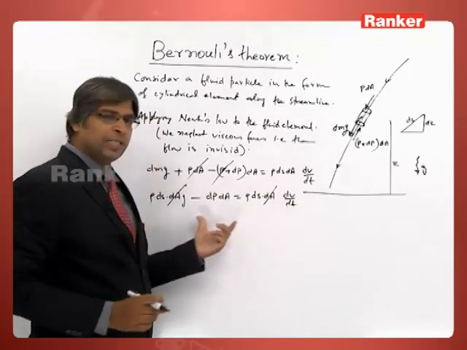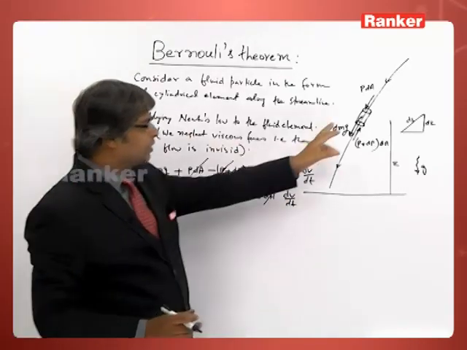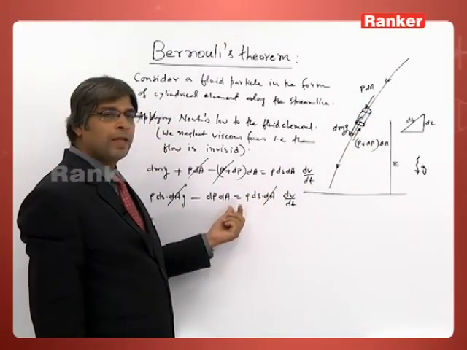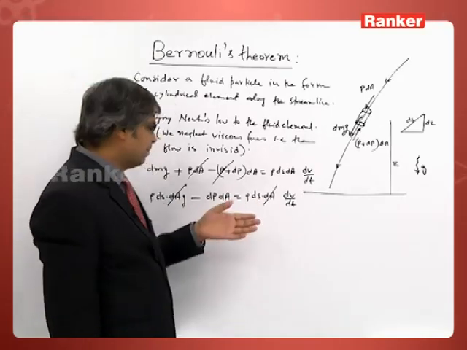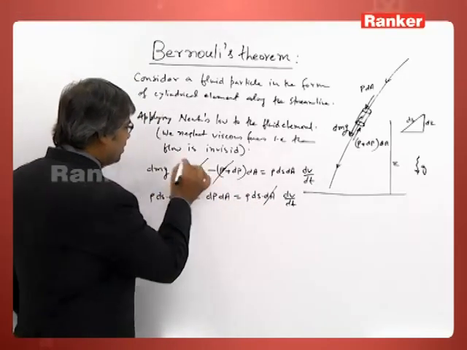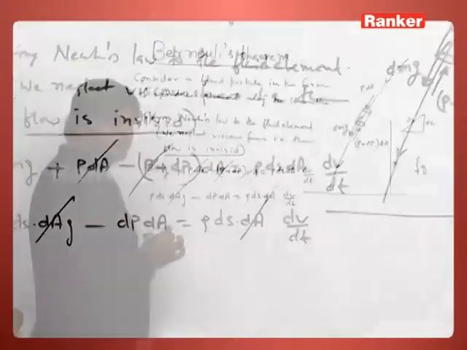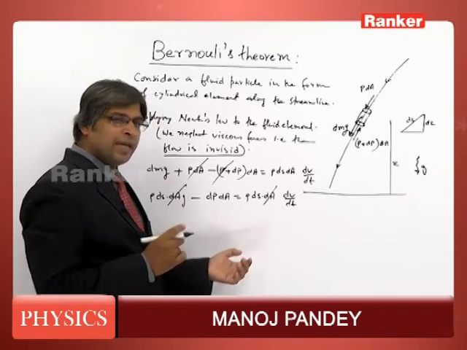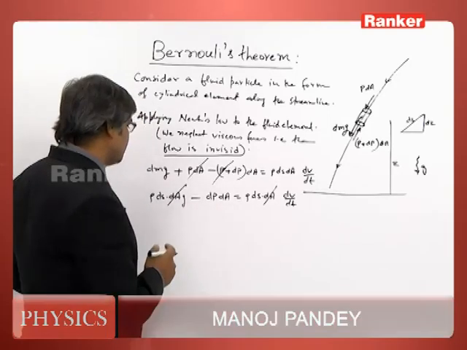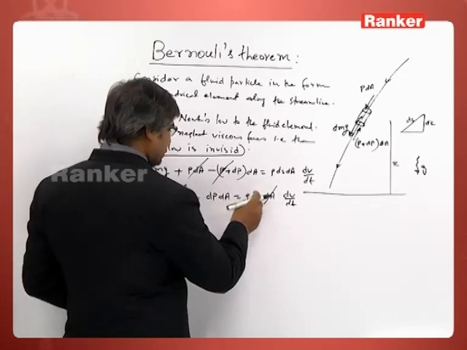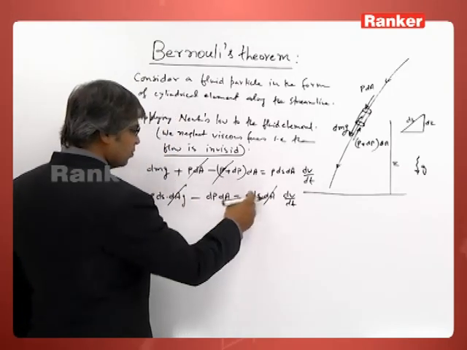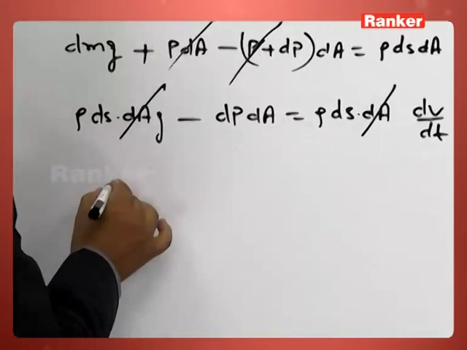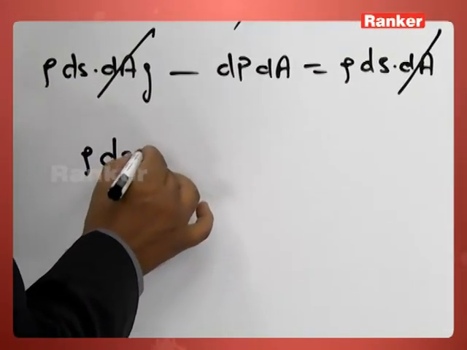Now when we want to include the friction force, we have to include it here, and the equations will change. So the present assumption is that the flow is inviscid, and the result is valid only for non-viscous flow. Now let us simplify it, rho ds g.